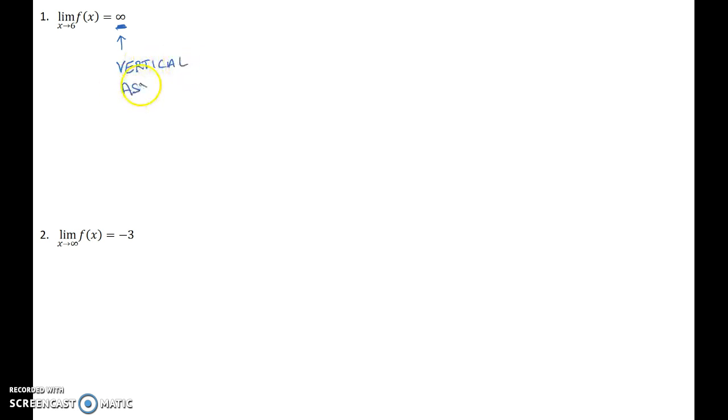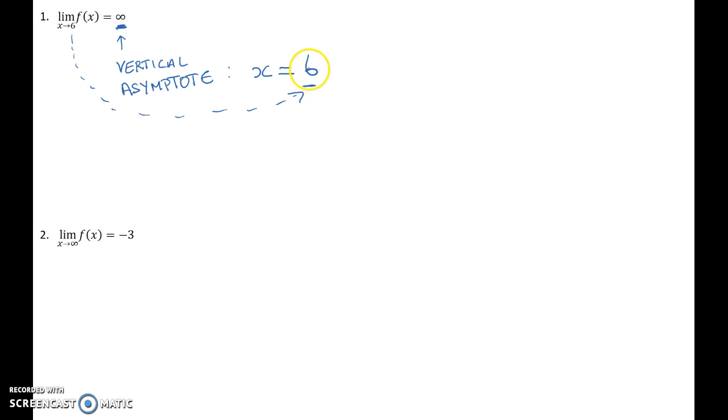Now, vertical asymptotes are vertical lines, and vertical lines will always have the equation x equals something. Well, it's very easy in this case. Whatever the x is comes from here.